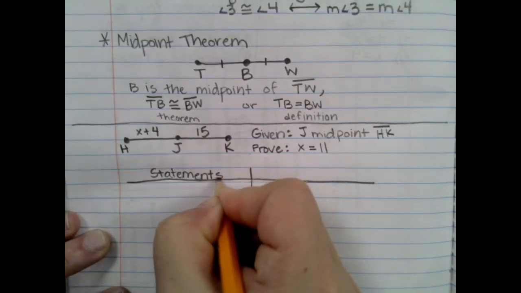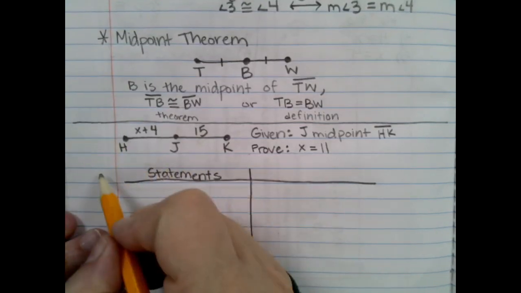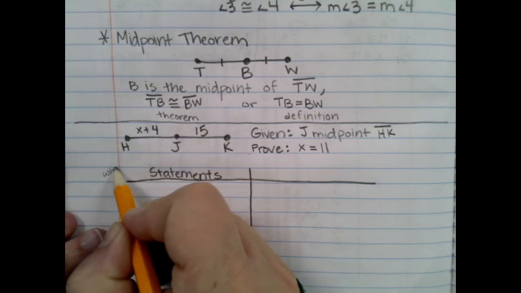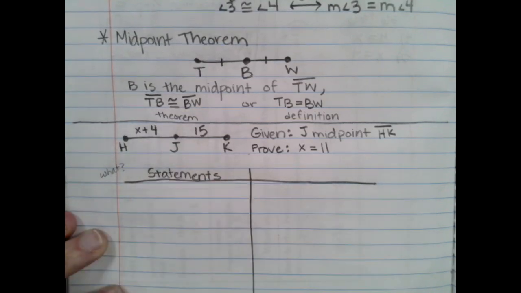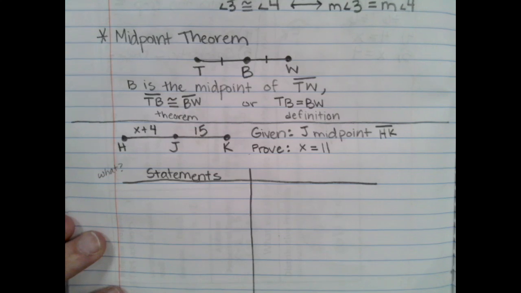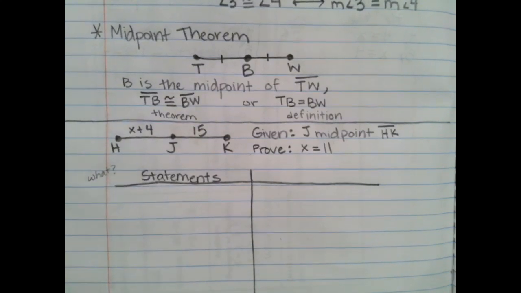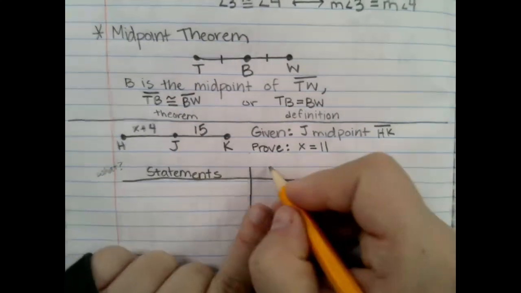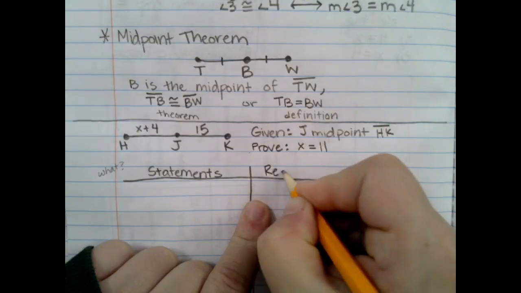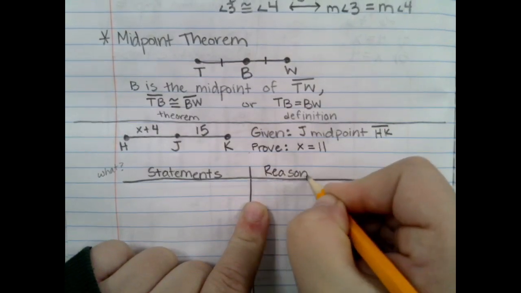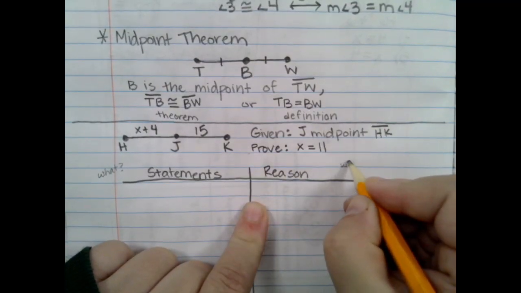And what question does statements answer? The what? And what goes on our other side? Our reason, which might answer the question why, or it might even answer the question how.